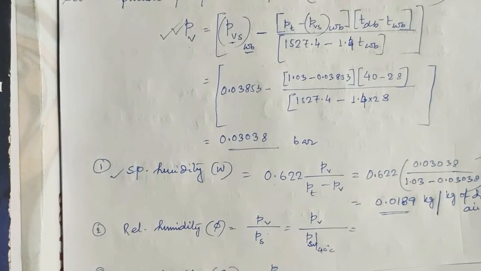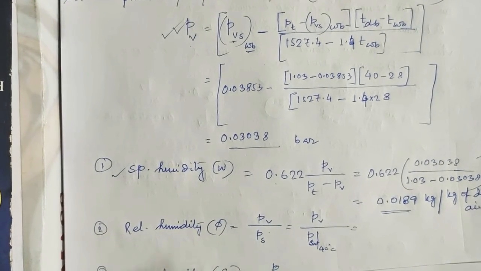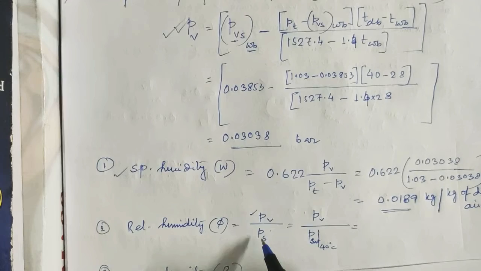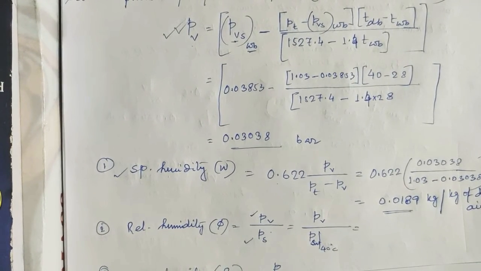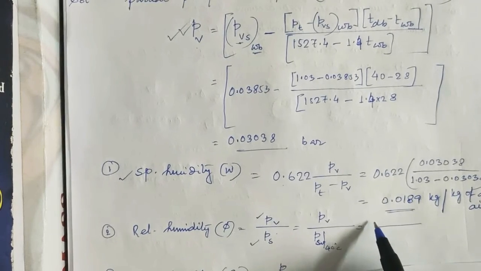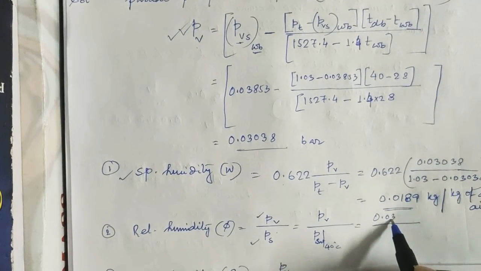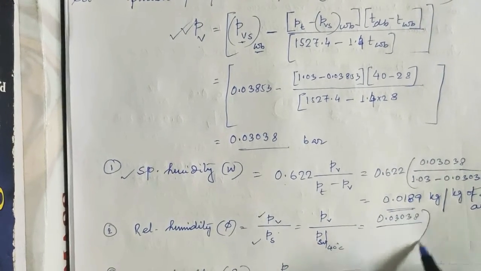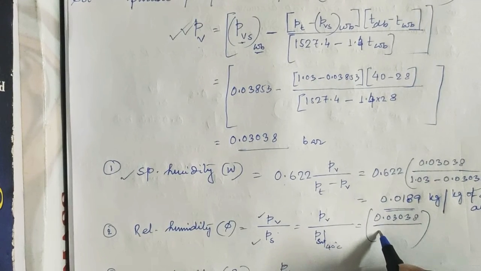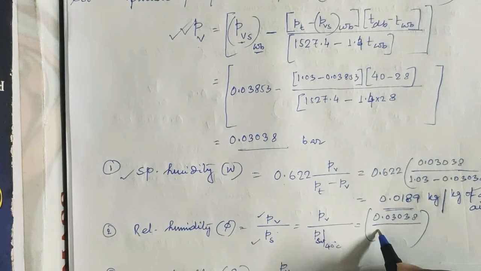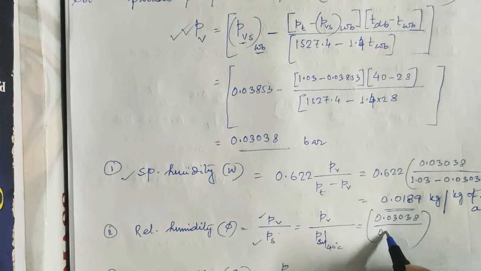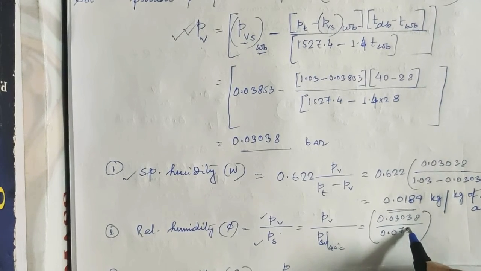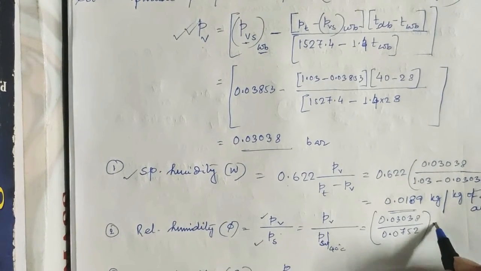Next, you have to calculate relative humidity. From the basic definition, relate the partial pressure of water vapor to the partial pressure of saturated vapor. Saturated vapor means corresponding to dry bulb temperature. The partial pressure of water vapor is 0.03038, and the partial pressure of saturated vapor is 0.0752, into 100.